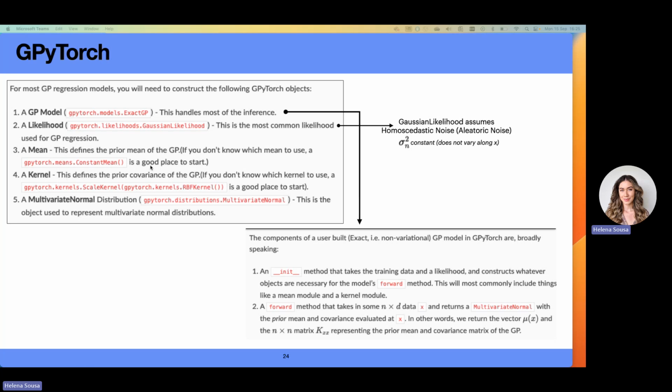We define a kernel as well, which usually is an RBF kernel, but we can also have an RBF kernel, for example, with a linear one, so we can have different kernels added to each other. Finally, we define the multivariate normal, which is used to represent our multivariate normal distributions.